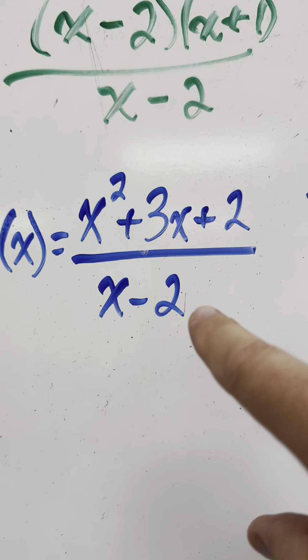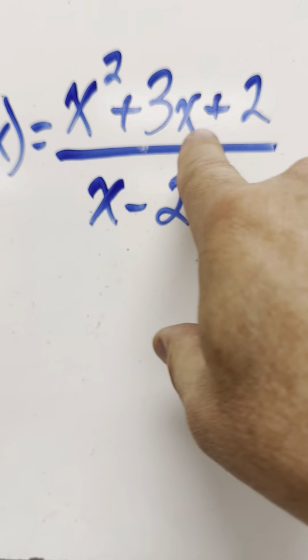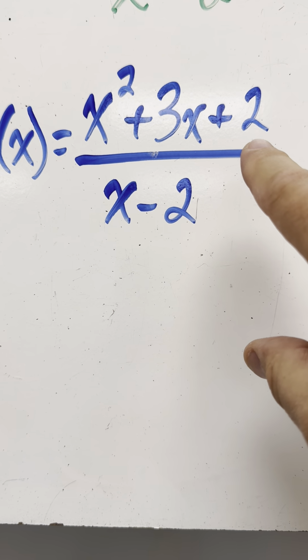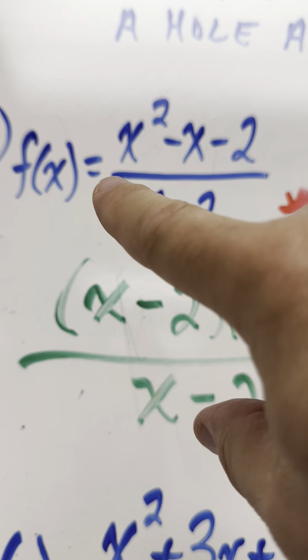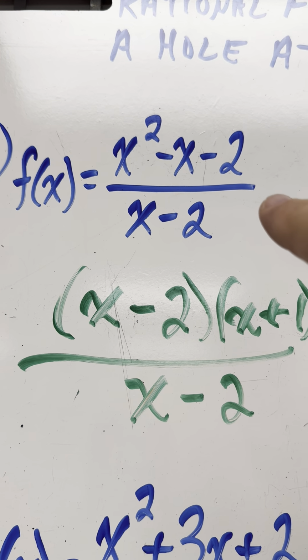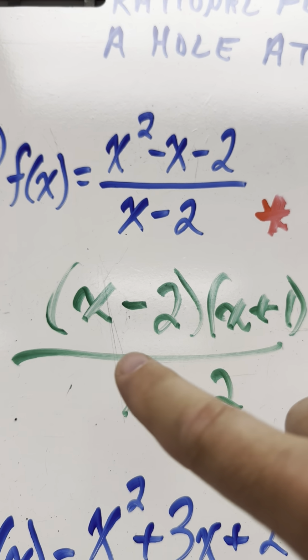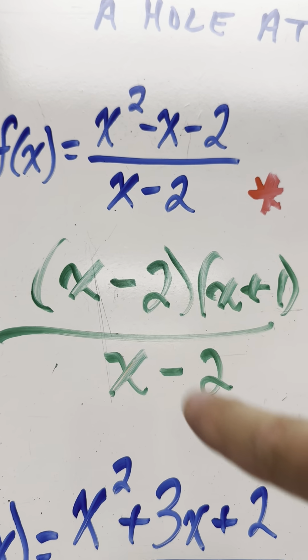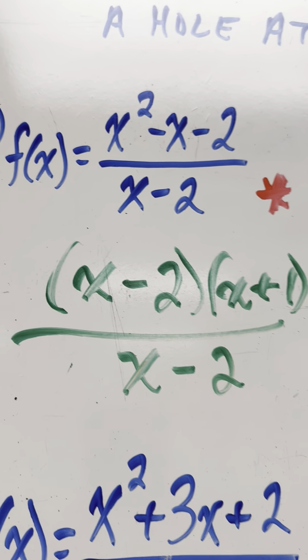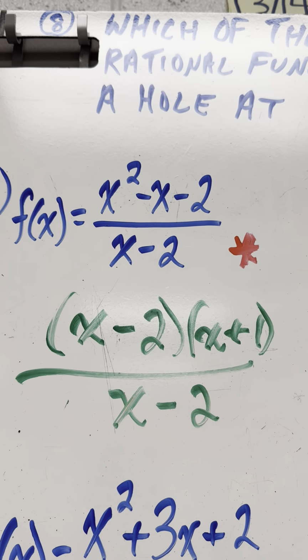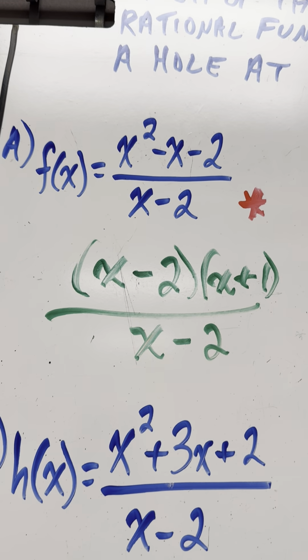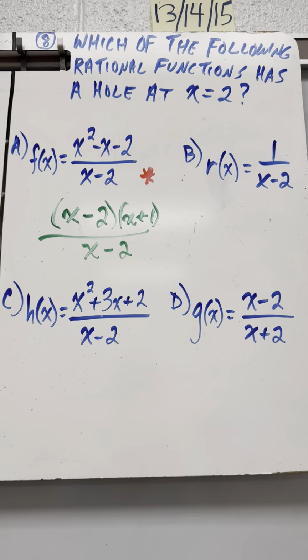This one is out because there's no x minus 2 on top. Here, x squared minus x minus 2 factors to x minus 2, x plus 1. So the x minus 2's cancel here, making your hole at x equals 2. So there's your answer. That's the one that has a hole at x equals 2.